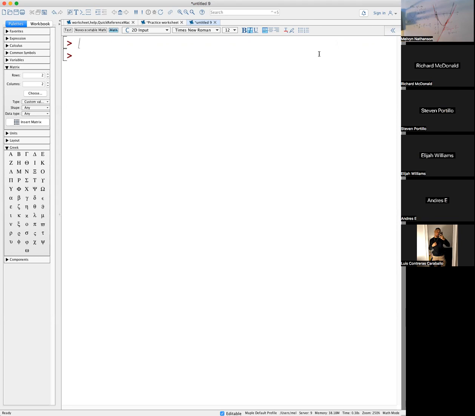Good. So in this problem, we had the function f. See if I can get this to work properly. F is the function x goes to 3 times x squared minus 4 times x. That's my parabola.